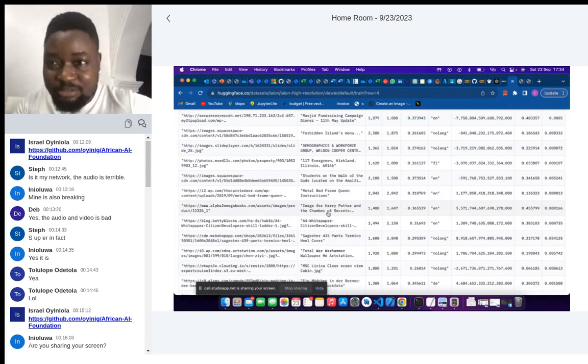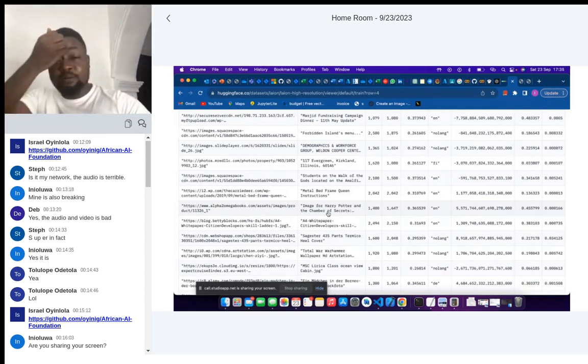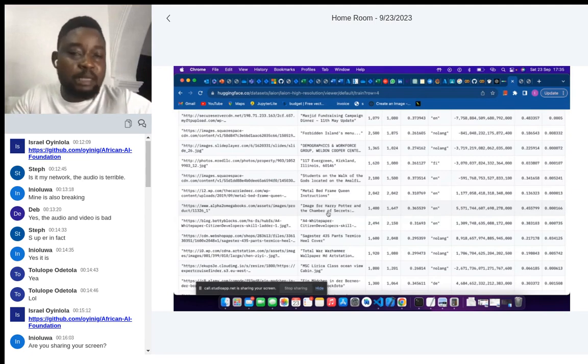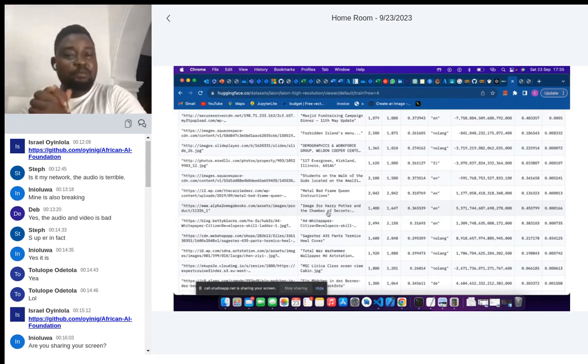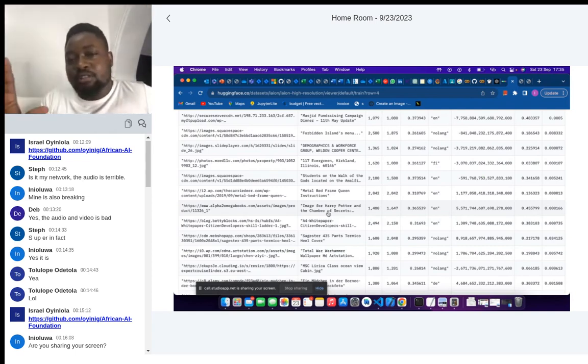Remember, at the end of the day, everything is numbers, right? So for the computer to add up numbers or multiply numbers or do vector addition, in technical terms, it's called vector manipulation. When we were in secondary school, there's this vector mathematics that we used to do. We used to do two-dimensional vectors, three-dimensional vectors, but it's a little bit complicated here because the vectors are higher dimensional. A whole lot of dimensions are involved here.